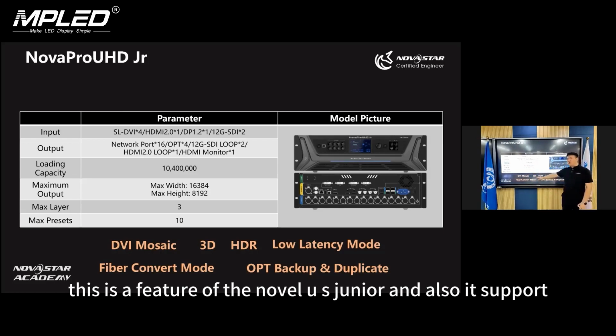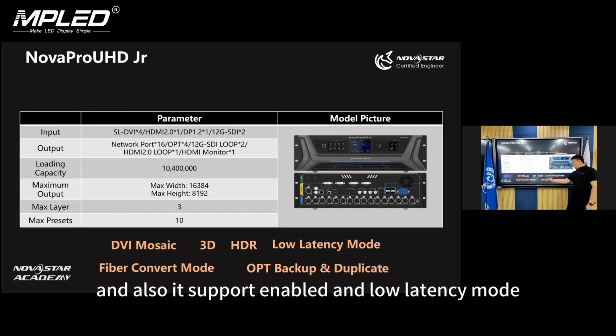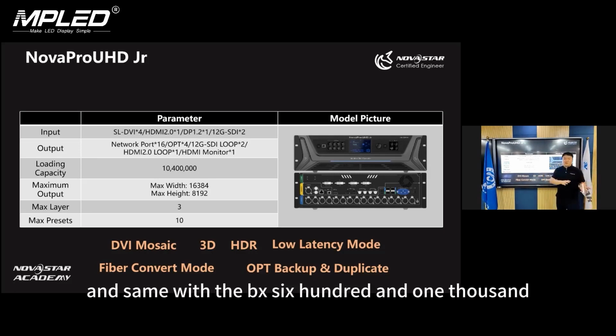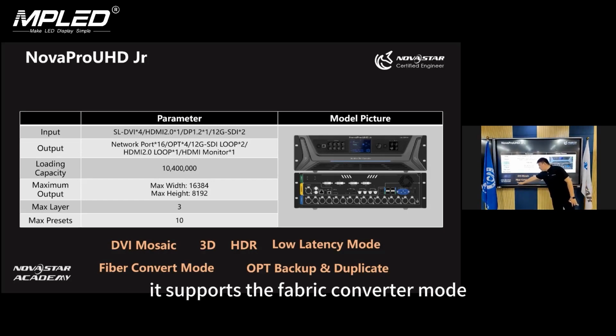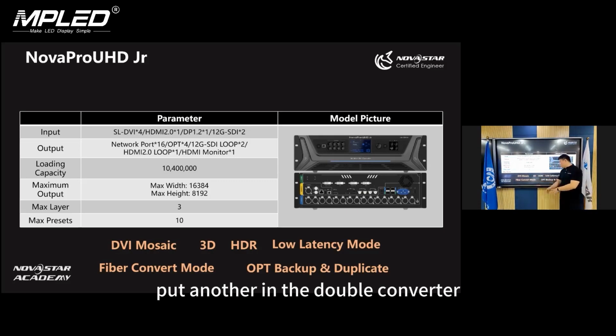And also it supports 3D, high dynamic range, and it supports enabling the low latency mode. And same as the VX600 and 1000, it supports the fiber converter mode. You can use one as the Sony controller, and another as the fiber converter.